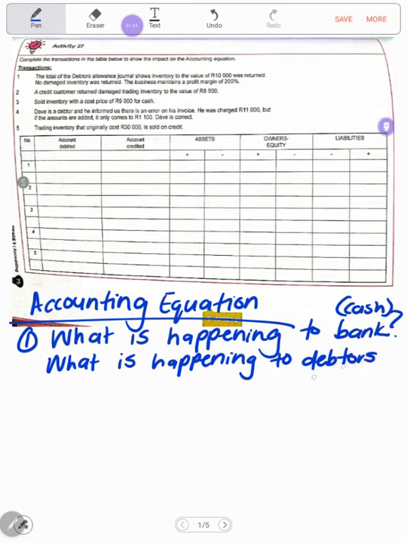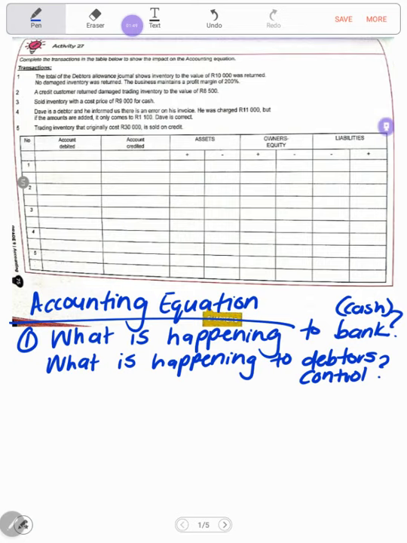And if you bought on credit, it would be the very opposite: what is happening to creditors control. But in activity 27, we're only dealing with cash transactions and the business selling on credit.